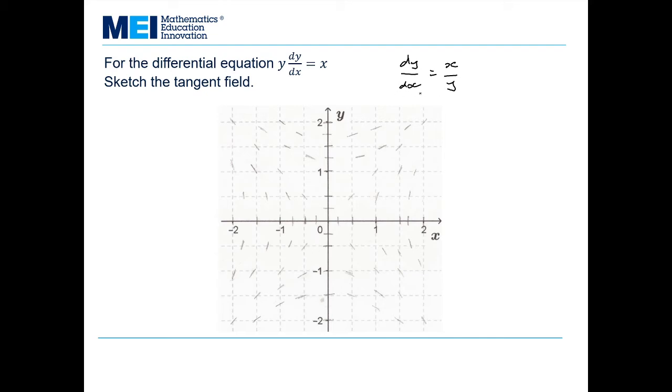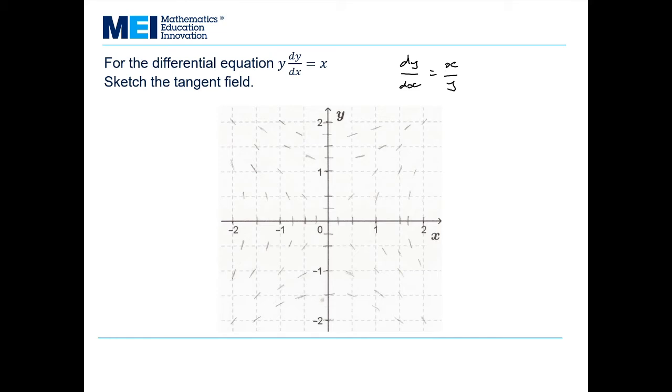Thinking about what happens when y is 0, well, think back to what we did when we were looking at derivatives, and that's explaining to us why the tangents are all going to be vertical along the axis.